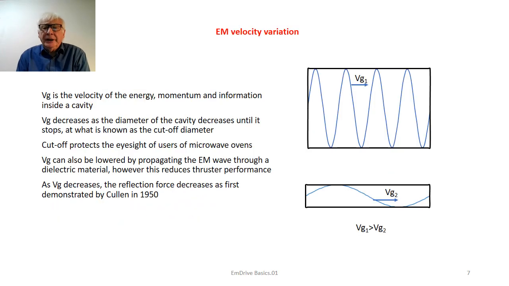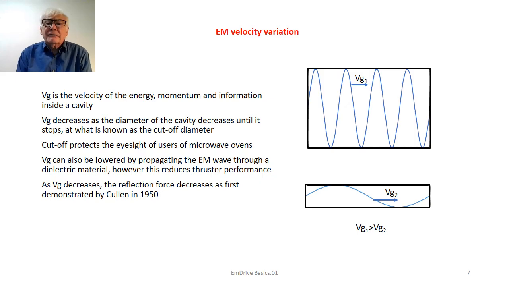So we've defined Vg as the velocity of the energy, momentum, and indeed the information in an electromagnetic wave when it's propagating inside a cavity. The important thing is that Vg decreases as the diameter of the cavity decreases, assuming that it's a circular cavity.